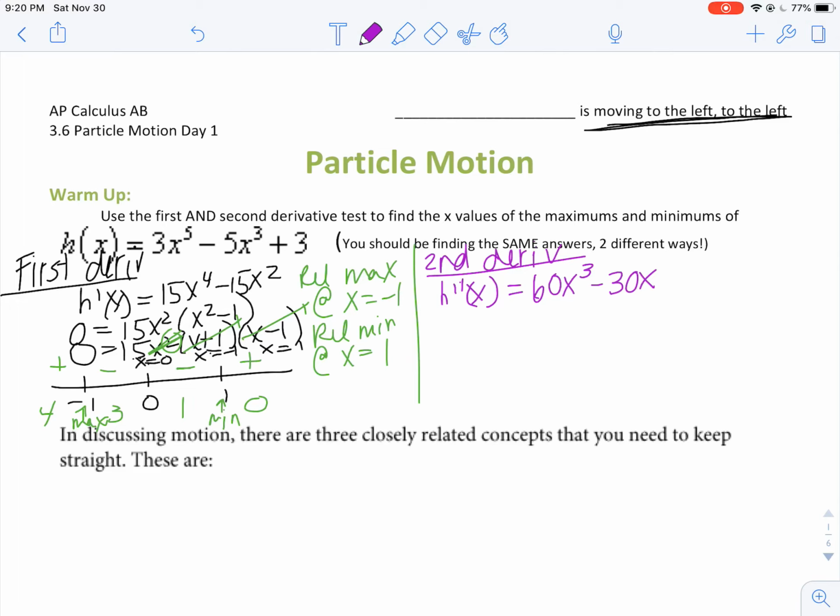And now what we do is we take our critical values, which we found from our first derivative, and we're just going to sub them in, because if our first derivative equals 0, then it probably is going to be a max or min, except in this case for 0, it'll fail. And when that happens, you would need to refer back to your first derivative test, which we already have. We see 0 is nothing because it's negative and then negative again. So it does have a horizontal tangent line there. It's just still decreasing.